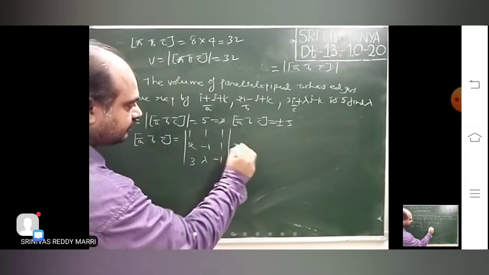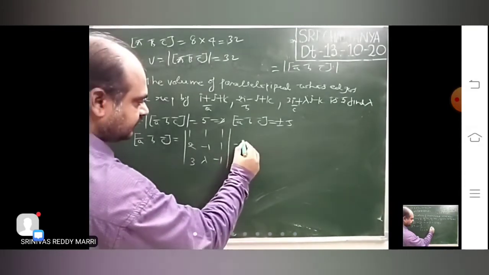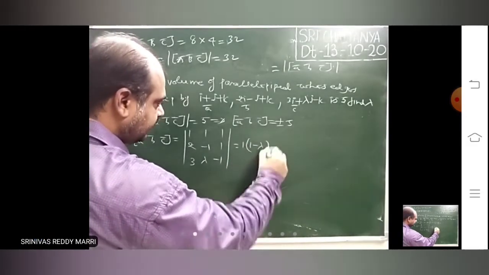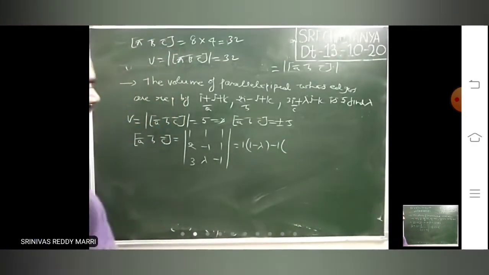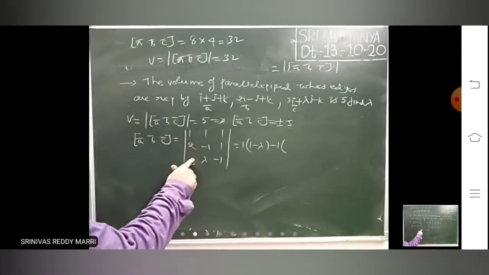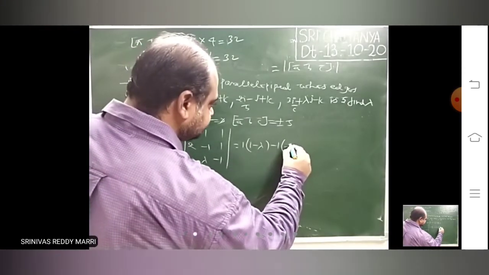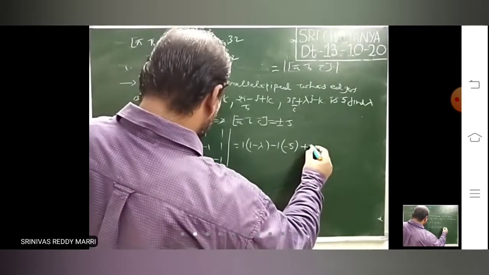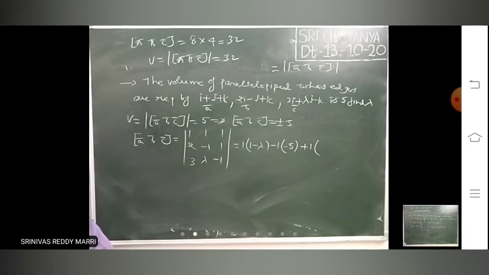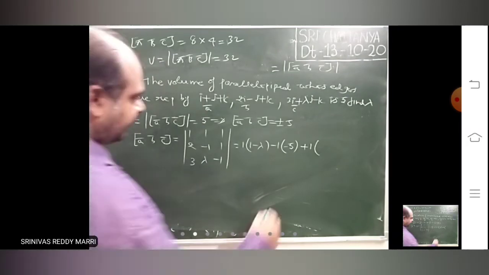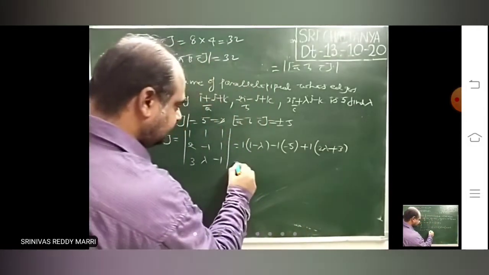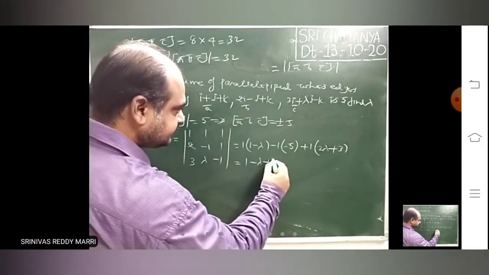Calculate this value. That means you will get 1 into 1 minus lambda, minus 1 into minus 2 minus 3, minus 5, plus 1 into 2 lambda plus 3. So therefore 1 minus lambda.